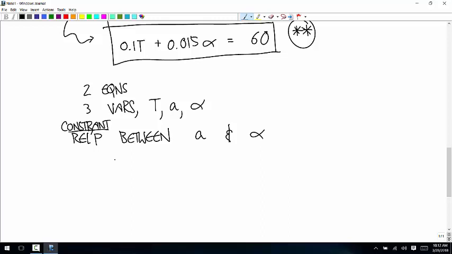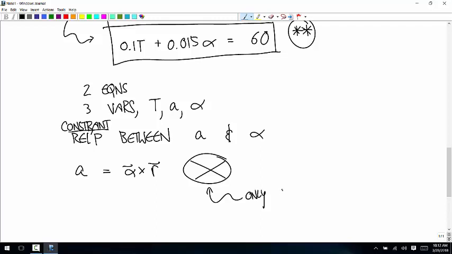So that's why it works. So A is equal to alpha cross R, and then this part we throw away because we only want the vertical.